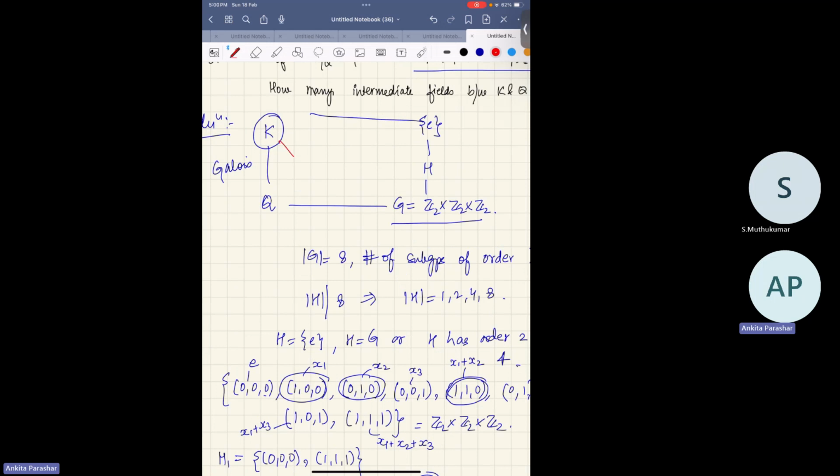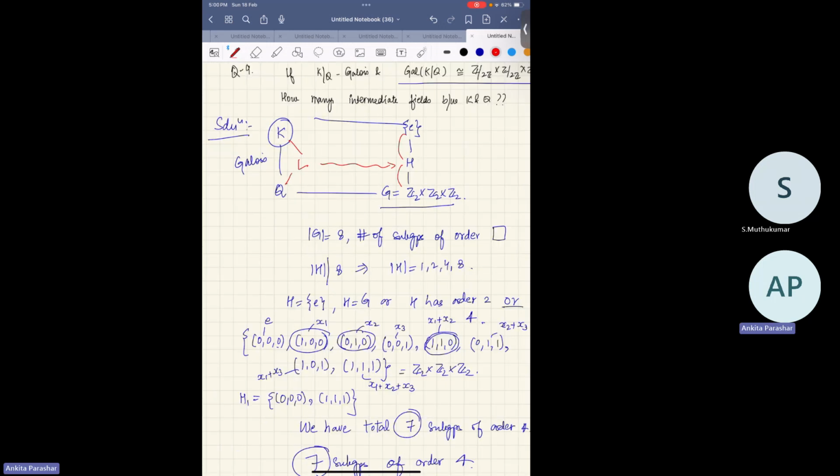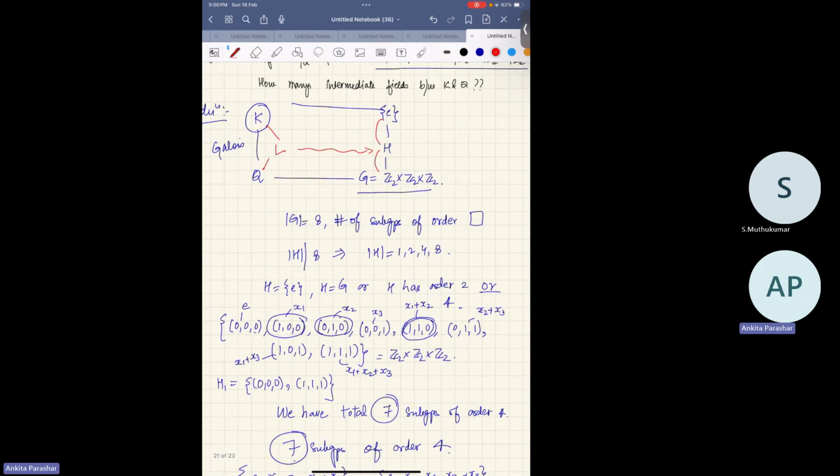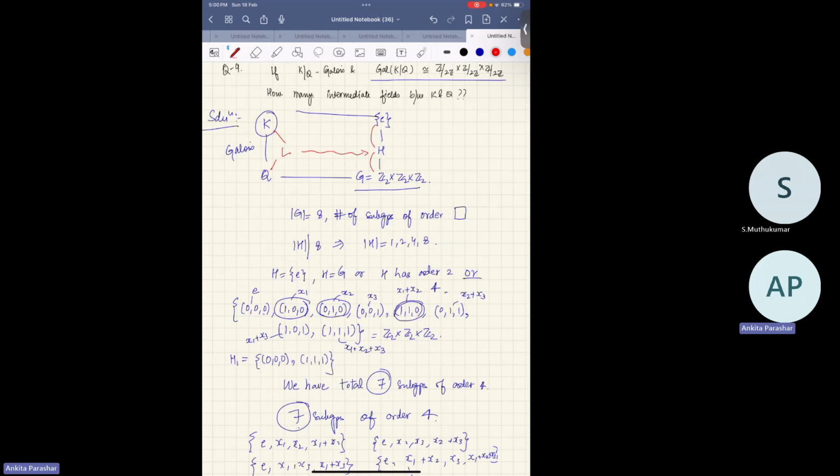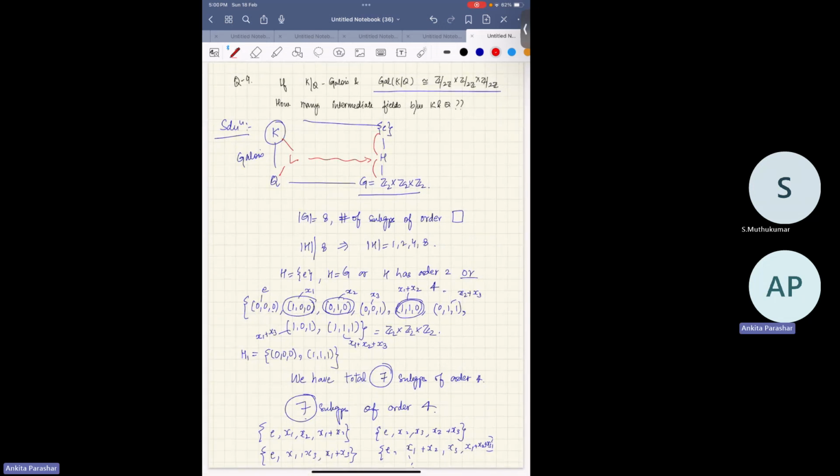In order to know subfields, you have to know subgroups, right? We have enough information about subgroups, and we have counted how many subgroups of each order there are. That means we know the total. Can you answer now?